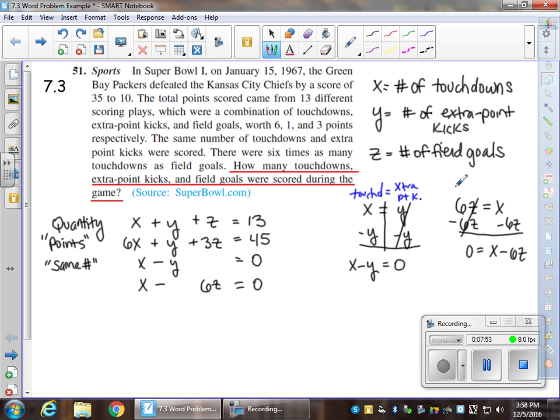Here we had 6 times as many touchdowns, so 6 touchdowns is the same number, or is equal to, the number of field goals. From these equivalences, we got the equations that we can actually use in our system.